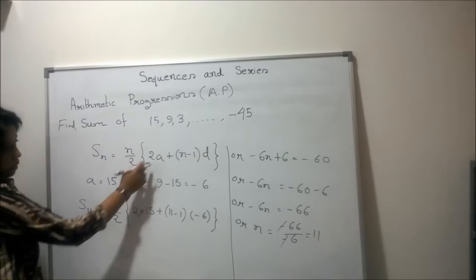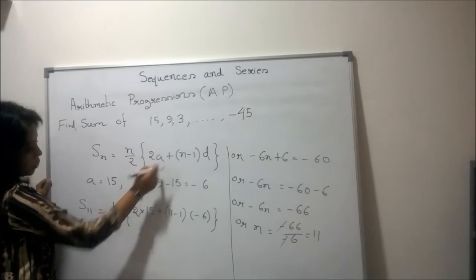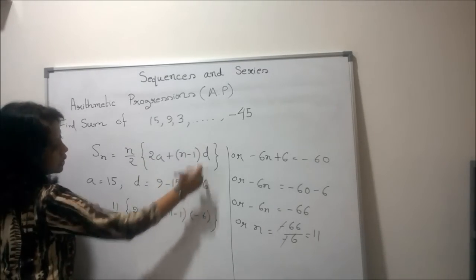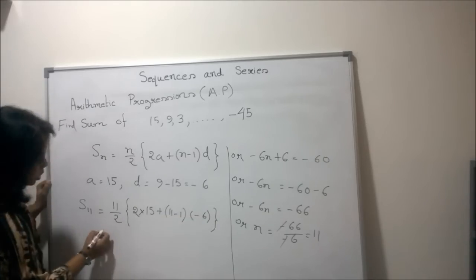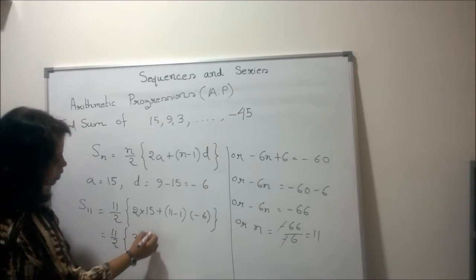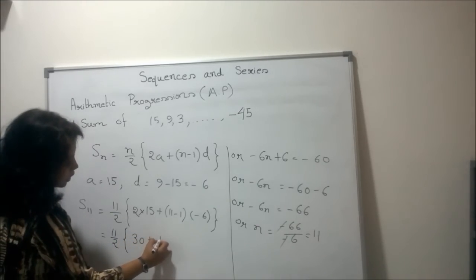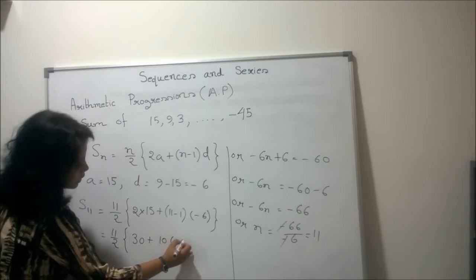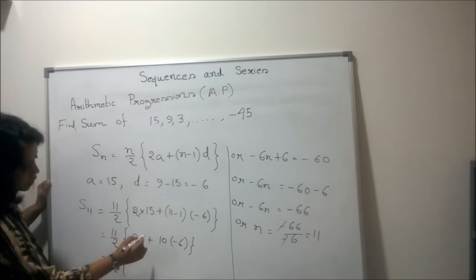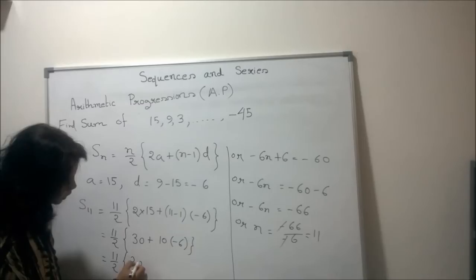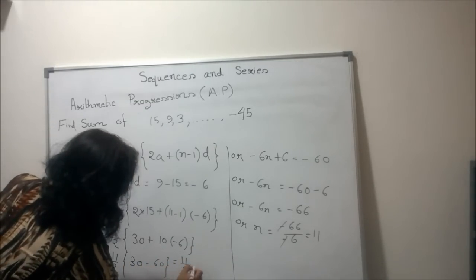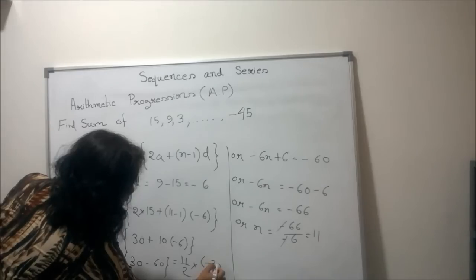Okay, just putting the value to a plus 11 minus 1 into d. So here 11 by 2, that is 30, plus that is 10 into minus 6. So 11 by 2, from here we get 30 minus 60. So 11 by 2 into minus 30.